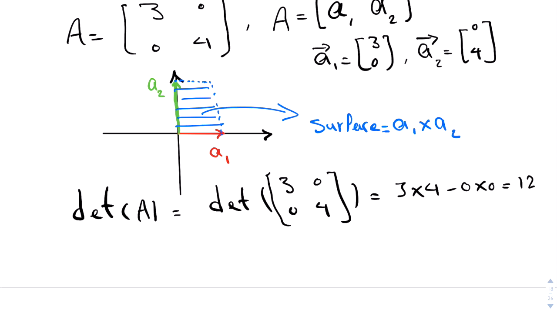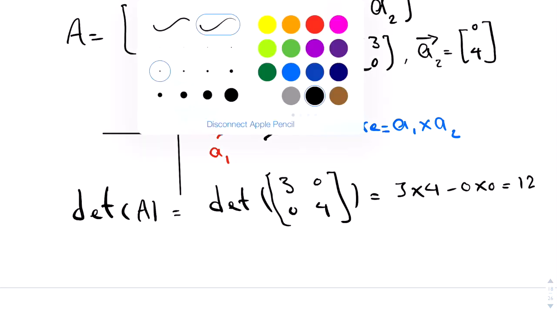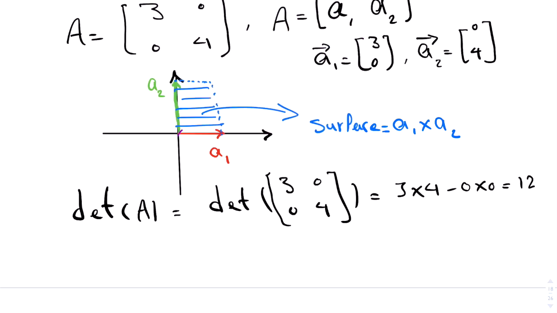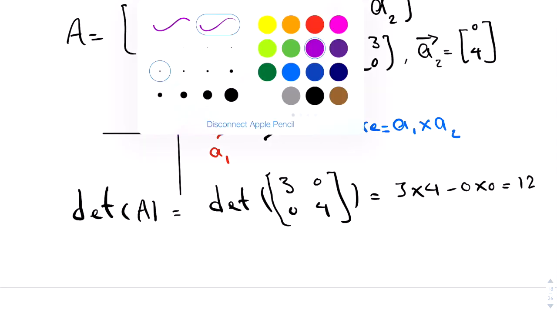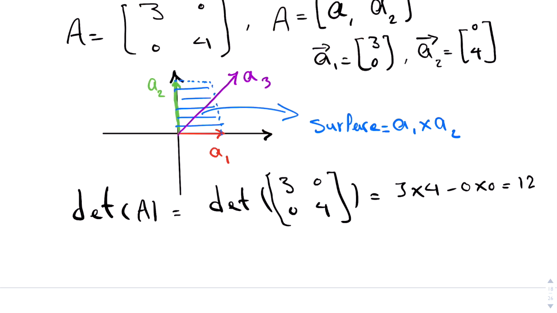So for this example, I use different colors. Let's say we have vector A3 and we have another vector, A2. The area surrounded by these two vectors is 0. That means the determinant of this matrix is 0, because these two vectors are in the same direction.